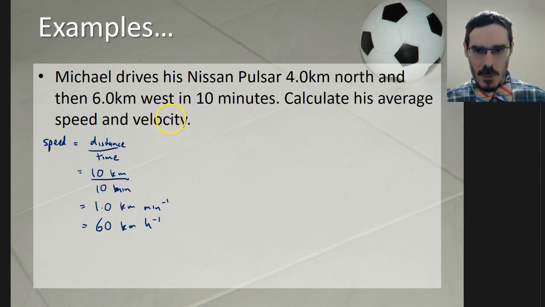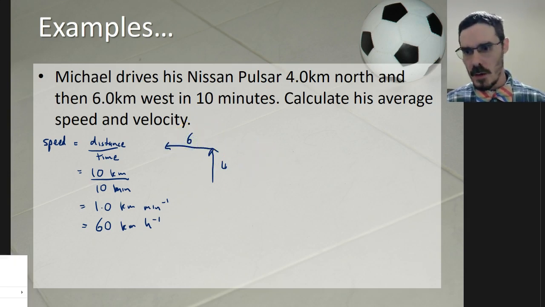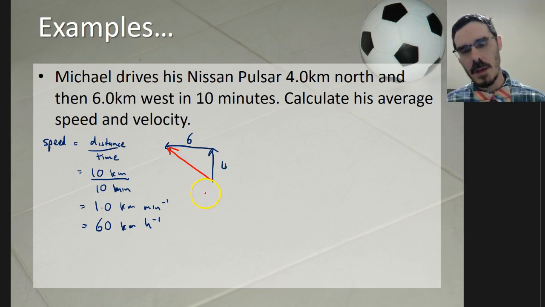But velocity is more complex because it's a vector. He's going 4 kilometres north and then 6 kilometres west. We actually want to find the velocity here as a vector. But to get the velocity, this is actually a displacement and a distance and a distance. I actually want to find the displacement first. Notice S is displacement, not speed.